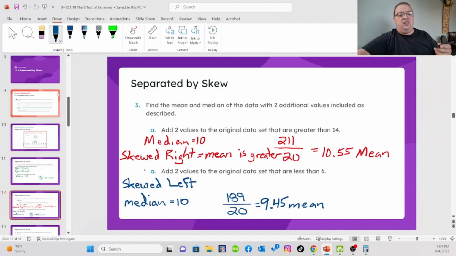Our mean follows those additional points. So when we had skewed right, the mean is greater than the median, but when we have skewed left, the mean is less than the median.